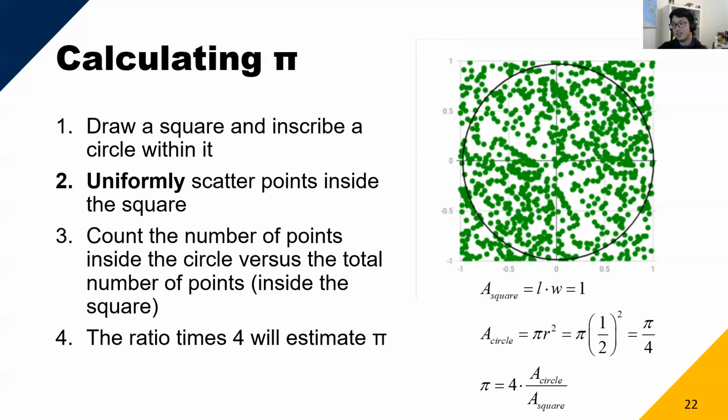Area of the square is length times width, let's say length 1. Area of a circle is pi r squared, and the radius is 1/2, so the area of the circle is pi over 4.